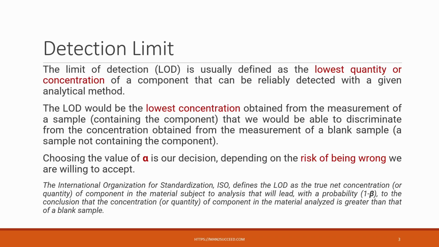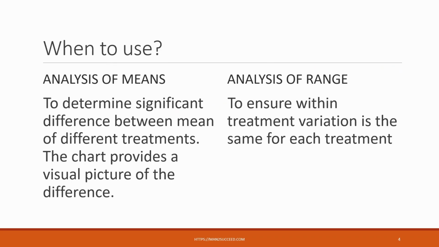Nowadays, many of the processes are concentrating on a 6 sigma level of manufacturing system. That is why we go for this ANOM and ANOR test. So when to use ANOM, and when to use ANOR? ANOM is used to determine a significant difference between the means of different treatments.